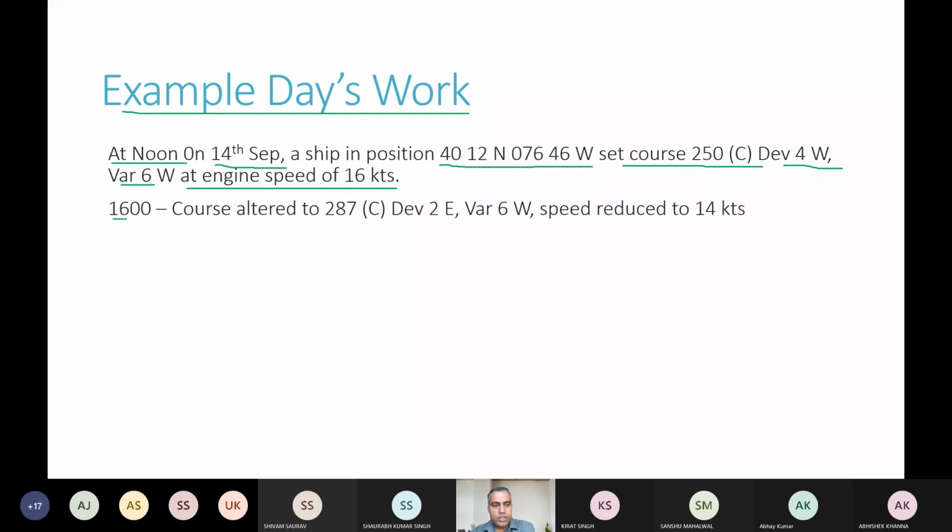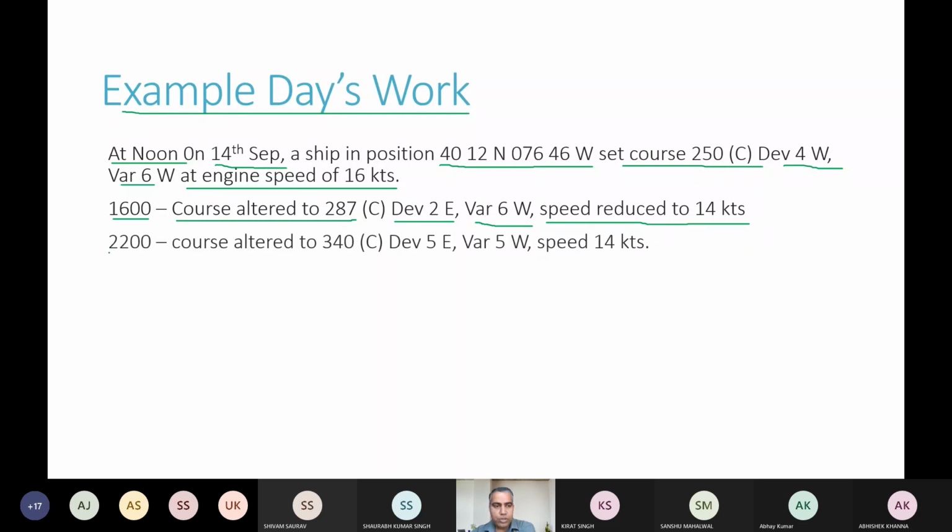Now this continued till 1600. At 1600, the course is altered to 287. The deviation is 2 degrees east now, and variation is 6 degrees west. And at 1600, the speed is also reduced to 14 knots. This continues till 2200 in the night.